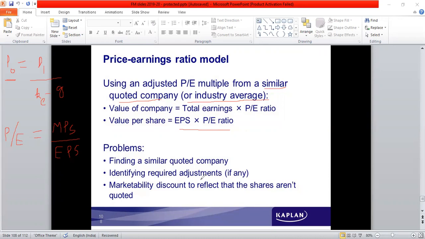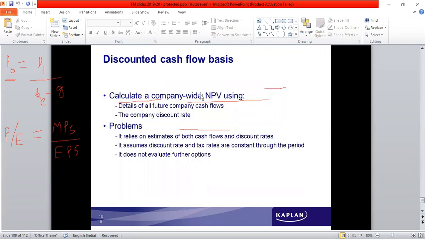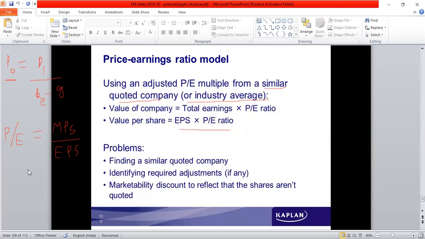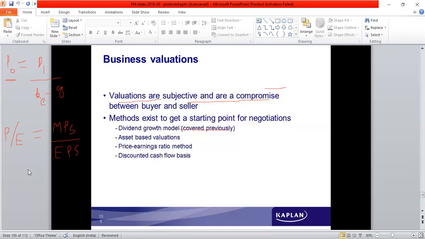So making those adjustments to the price earnings ratio, suiting it according to the marketability of this particular company.